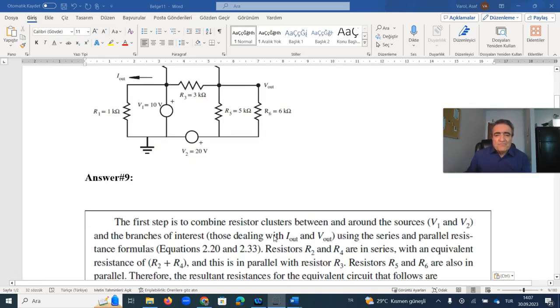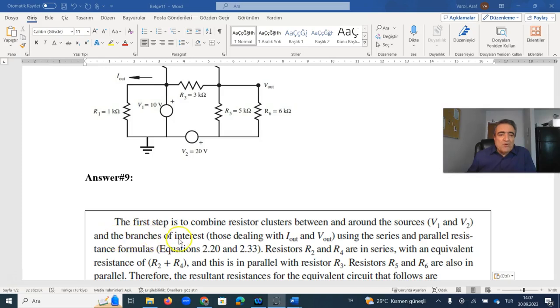Okay, now this is the answer for this question. The first step is to combine resistor clusters between and around the sources V1 and V2. V1 is here 10 volts and V2 has a value of 20 volts.